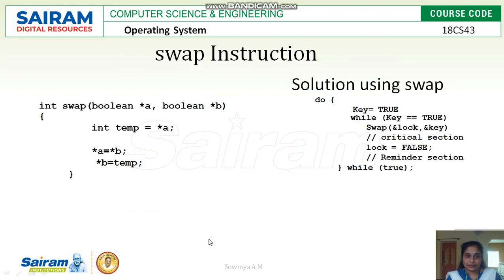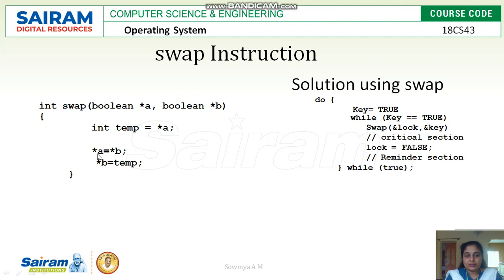Next we have the swap instruction. The critical section problem for hardware synchronization can also be solved with the swap instruction. In swap, two variables, a and b, are passed to the swap function, both of boolean type. Int temp is equal to a, so the temporary value is set to a.